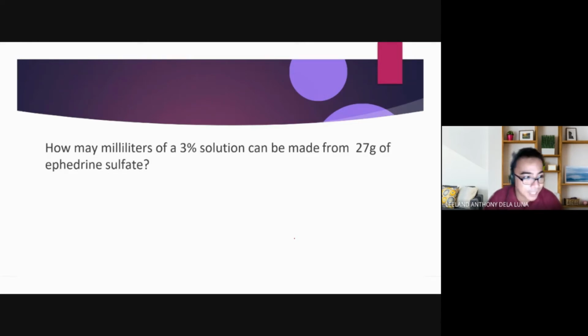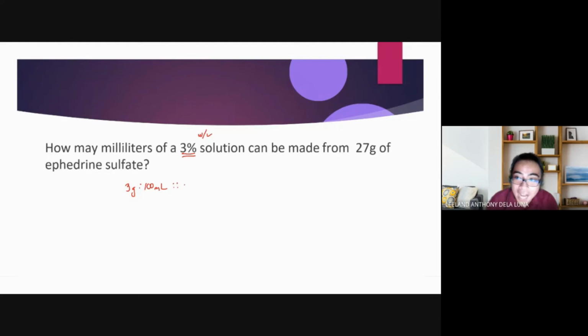Right, so how do I solve this? So, babalikan natin kanina class, di ba, ang percentage na to, again, hindi nga sinulat dito sa problem to, pero assuming na automatic this is weight per volume. It is weight per volume. Alright, so therefore, it only means that to make a 3% solution, you should have 3 grams dissolved in 100 ml of solution.